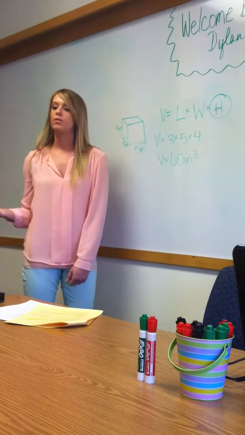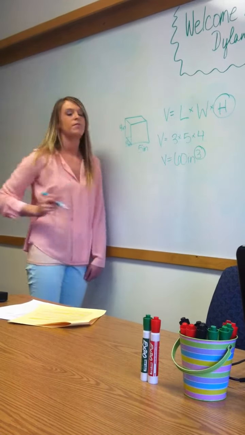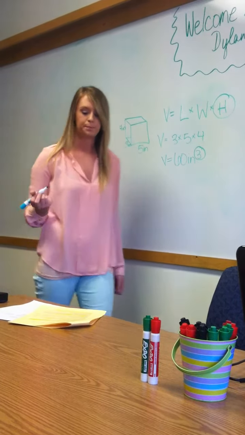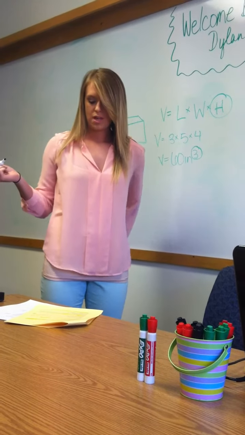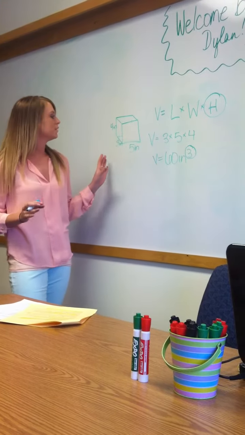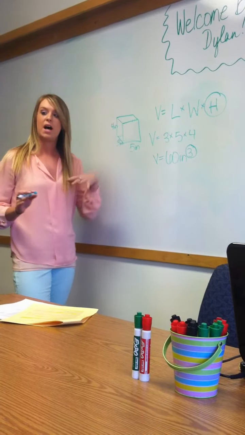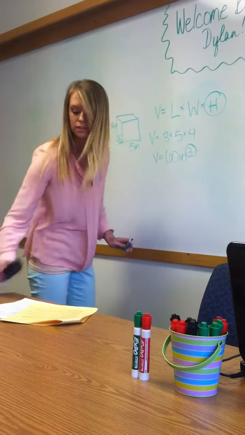And again, for volume we're going to use cubed because there are 3 factors that we're taking into place. When dealing with area and volume, you can see that the clear difference is that one takes consideration of height and the other one doesn't.